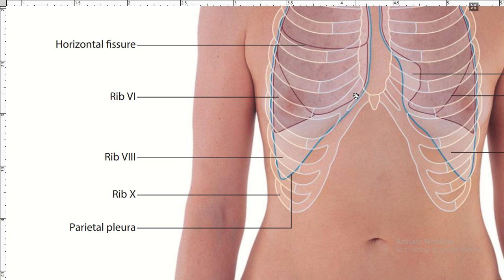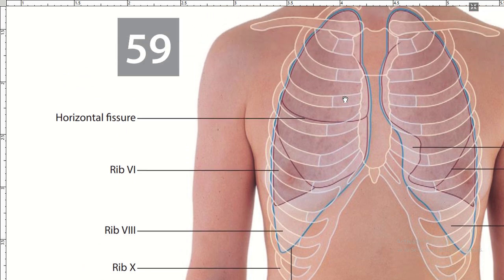For the inferior border of the lung, if you draw a curve like this, at the mid-clavicular line the inferior border is at the sixth rib. You understand? In the mid-axillary line, the inferior border of the lung is at the eighth rib. Posteriorly, it is at the level of the 10th thoracic vertebra.